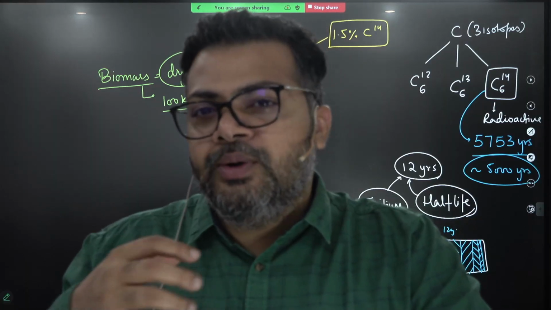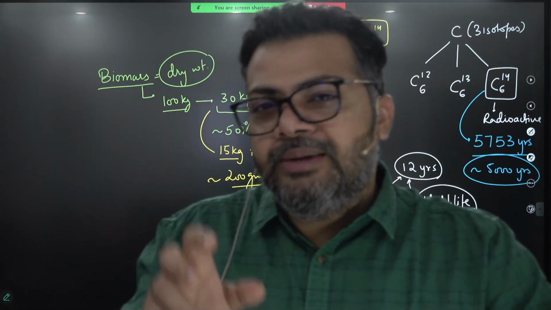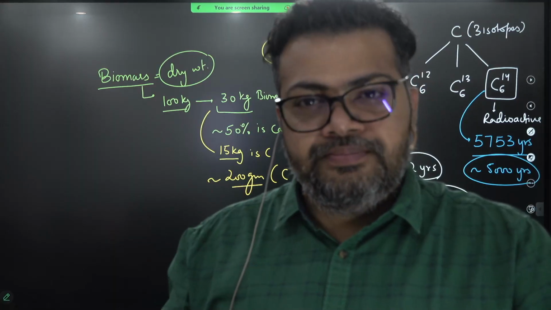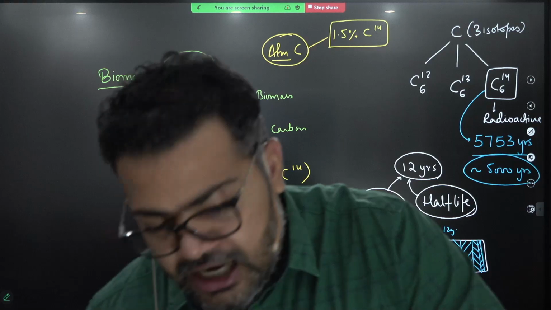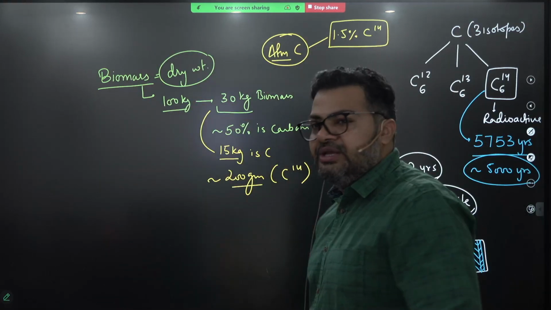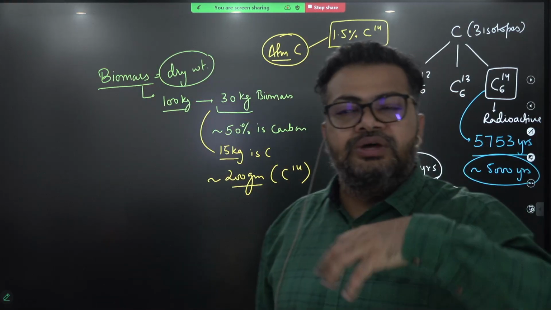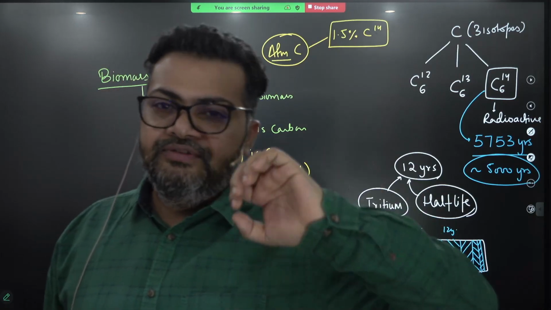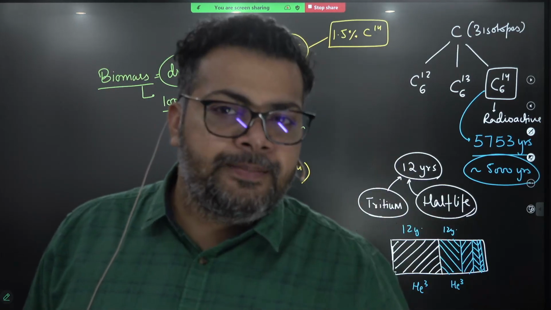So when you talk about a living organism, the carbon 14 levels will keep fluctuating, because we keep eating food, we keep excreting waste, we keep exhaling CO2.